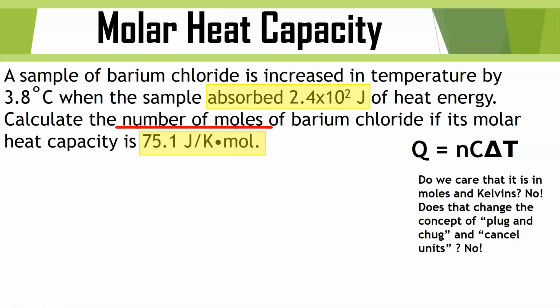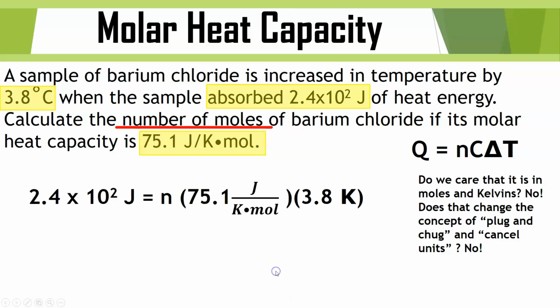And it told me my delta T. It did the subtraction for me. We know that we changed by 3.8 degrees. Now, if you remember, a change of a degree Celsius is the same as a change of Kelvin. So that was that trick I taught you a while ago. You do not need to change this, just leave it.